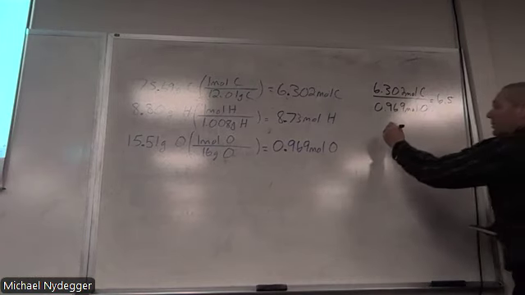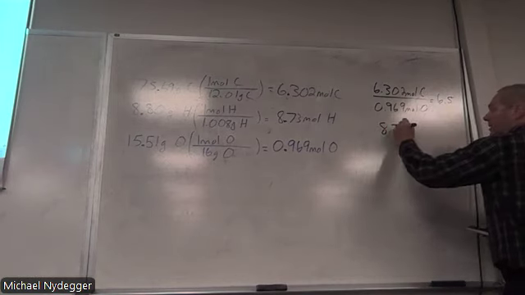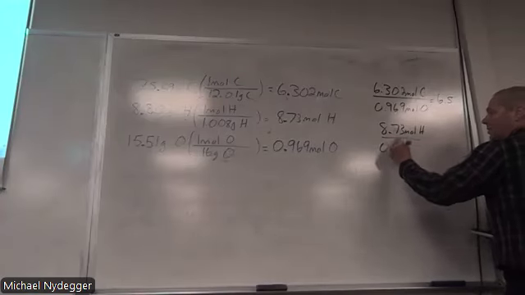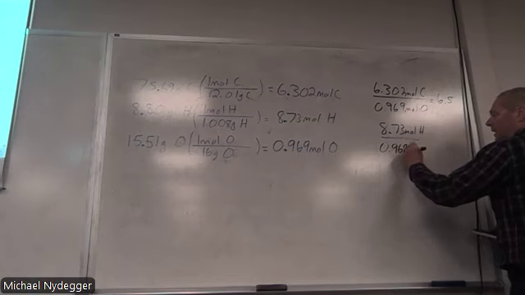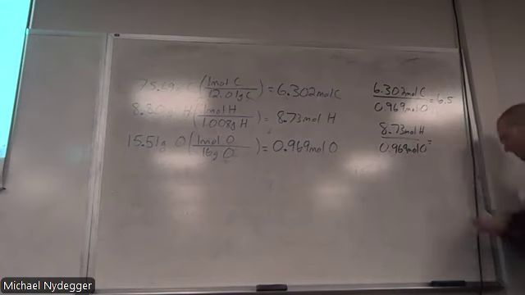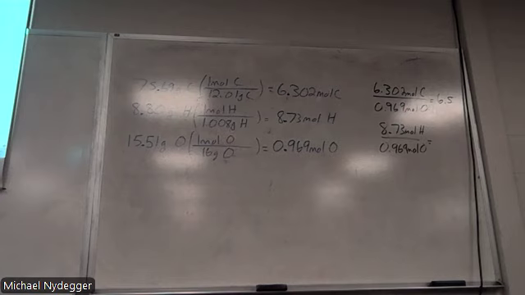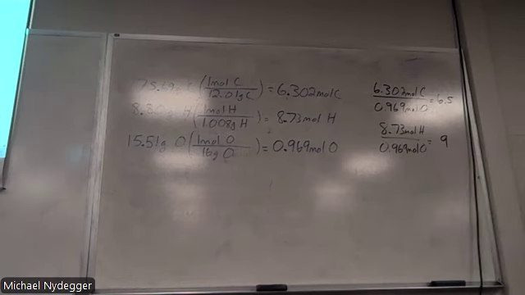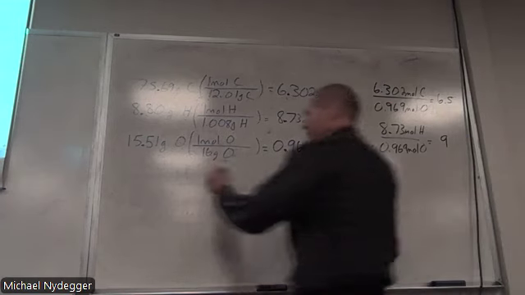Now, if we do the next one, take 8.73 moles of hydrogen divided by 0.969 moles of oxygen. 8.7 divided by 0.969, I get about 9. Does that make sense? Where we're at? So now what that tells me is my empirical formula.